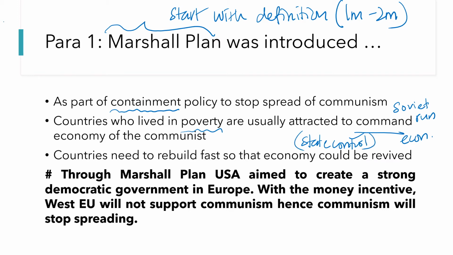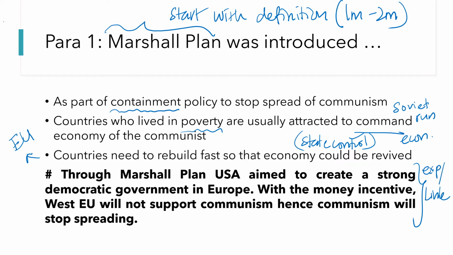Okay, and the idea here is for USA or democratic countries to stop communists from spreading. You need countries to rebuild. You need a lot of countries, and especially in Europe, to rebuild. And the idea of Marshall Plan, so this is the explanation here. Okay, this is the explanation or the link.